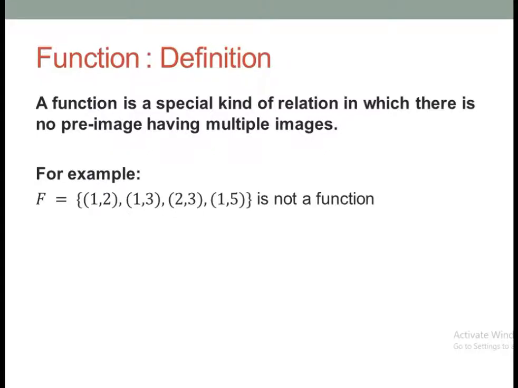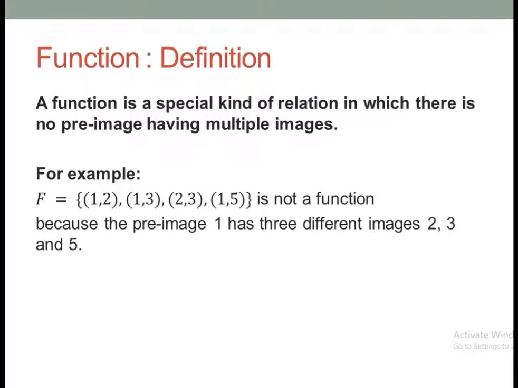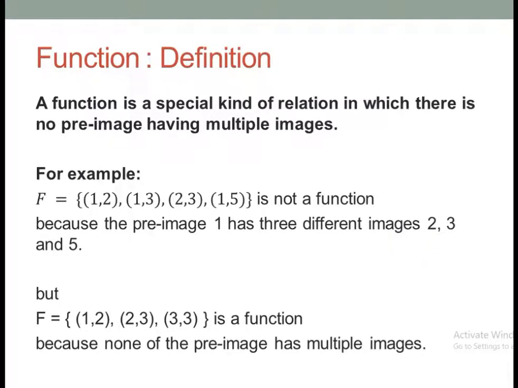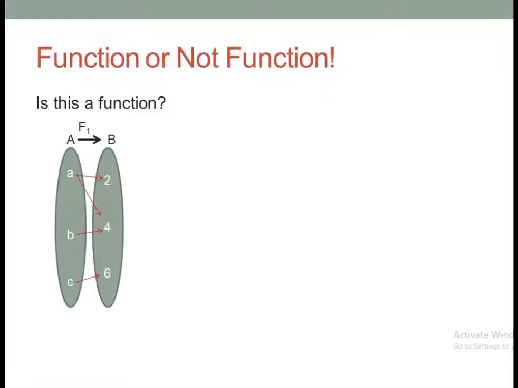It's not a function because the pre-image 1 has 3 different images: 2, 3 and 5. But f equal to {(1, 2), (2, 3), (3, 3)} is a function because none of the pre-images has multiple images.